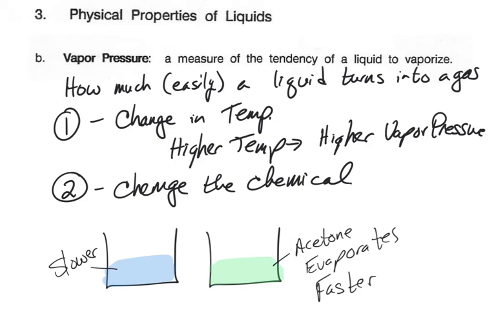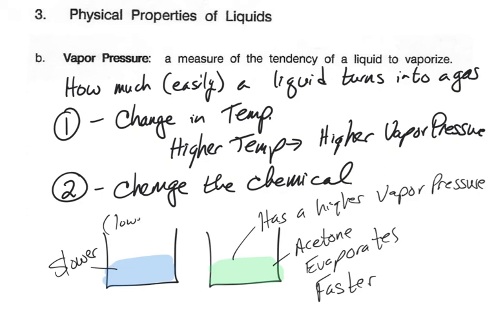That means that it escapes more because it's turning into a gas easier. That means there's more gas present. That means it has a higher vapor pressure. I'm going to abbreviate VP for vapor pressure.